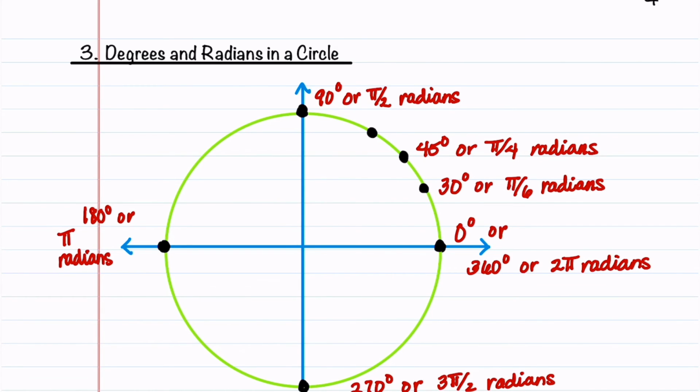And the last one that we use a lot is 60 degrees, or pi over 3 radians. When you study the unit circle, you'll have to memorize all of these points. But these are kind of the basic ones that we can build upon in further videos.